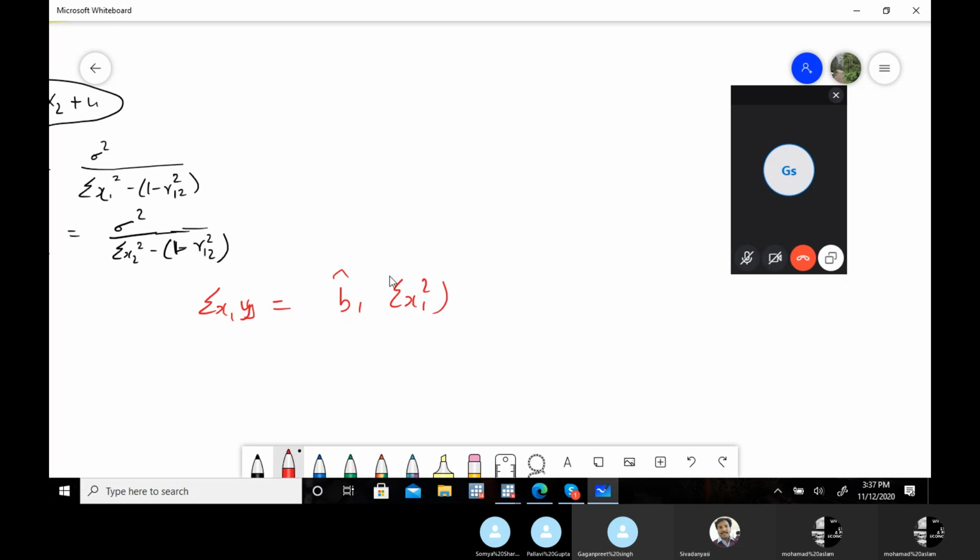I already explained this deviation form yesterday while deriving the R square method. If you still have any confusion, go to yesterday's lecture. So we have these two normal equations in deviation form, right?